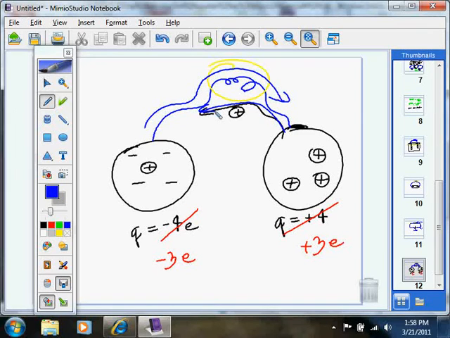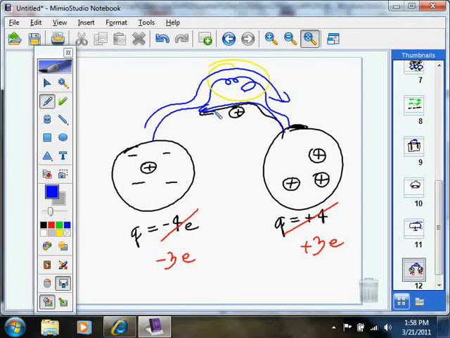Because Benjamin Franklin got it wrong. Negative or positive charge flow? Positive charge flow. Benjamin Franklin thought it was the positive charges that were flowing. He started doing it this way, and we still do it this way today.